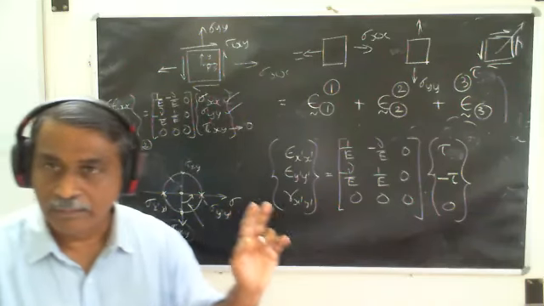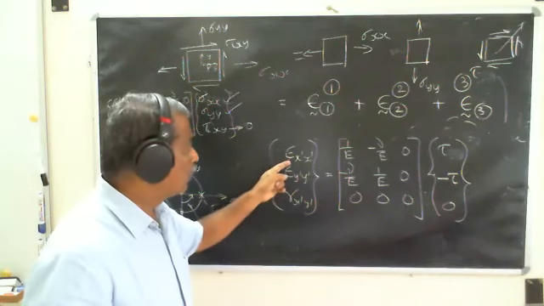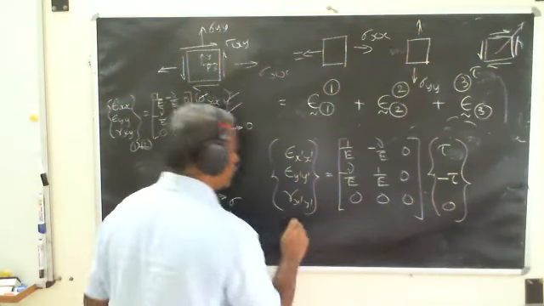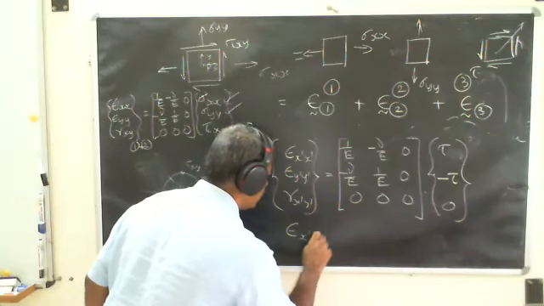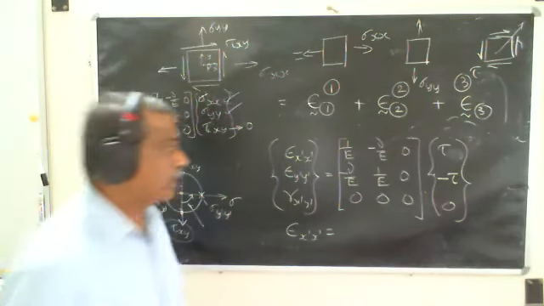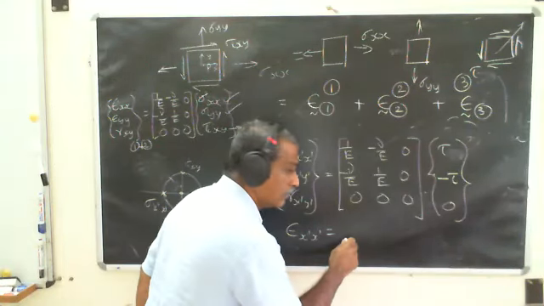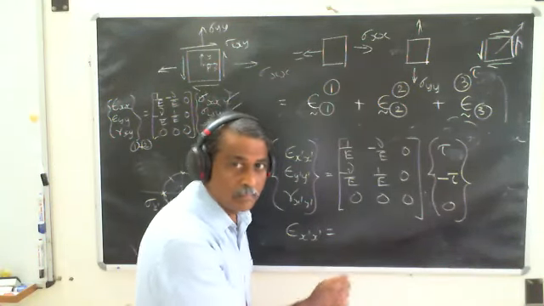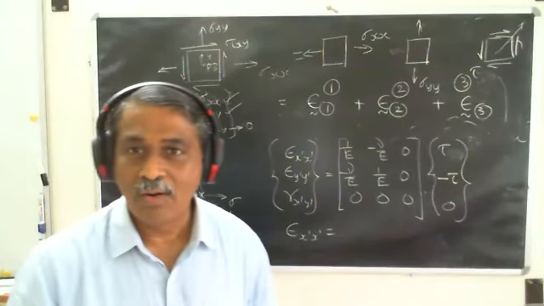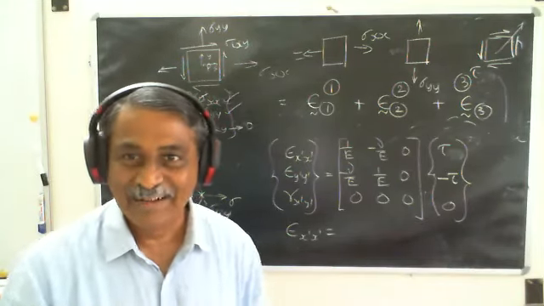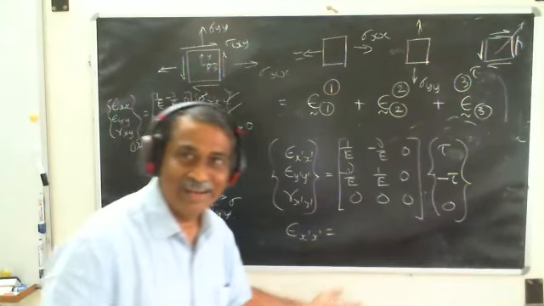So far, okay? Can you write down what is epsilon x prime here? What would you get? Quickly. Just do the tau multiplication and tell me.